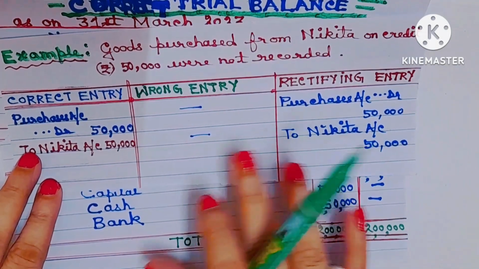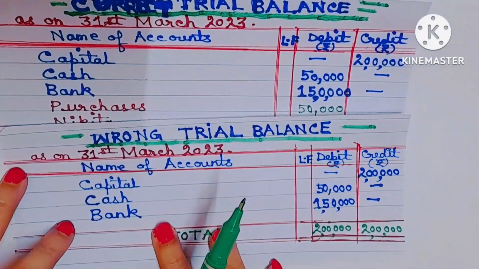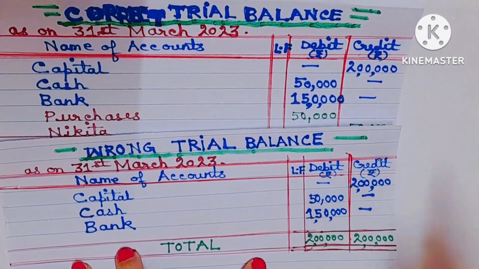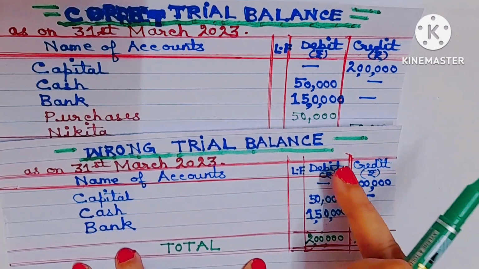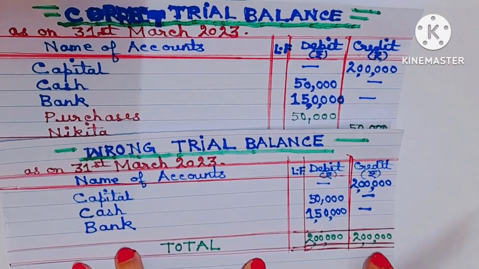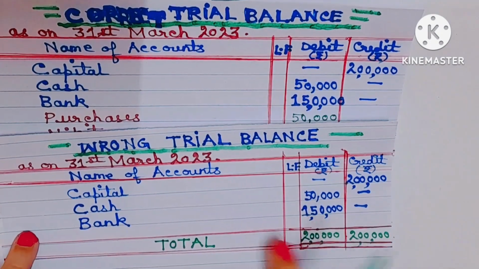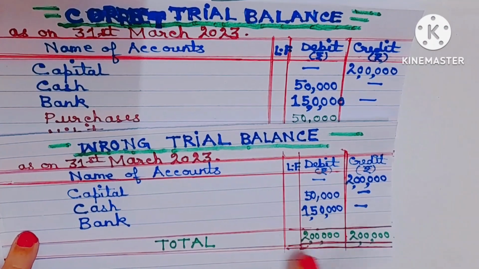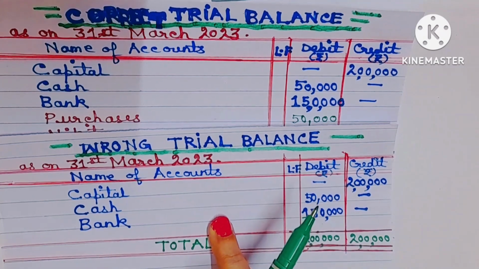So we also did not record them in the trial balance. If we don't record purchases and Nikita, then the total of the debit column is 2 lakhs and the total of the credit column is 2 lakhs as well. So the trial balance did tally. This is the wrong trial balance, but the trial balance did tally without purchases account and Nikita account.